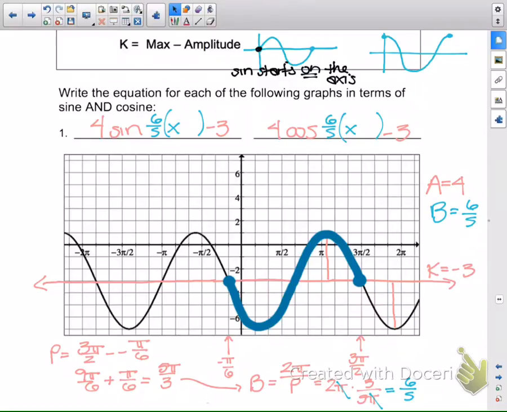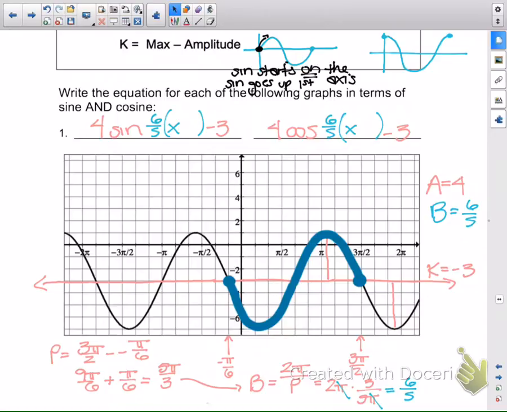Okay, because we said sine starts right here on the axis. Before we ever started moving anything, the axis was the x-axis. Okay? Also, another thing you need to know is sine goes up first. And what I mean by that is it starts on the axis and it starts going into the positives first. That's going to help us know whether our a value is positive or negative.